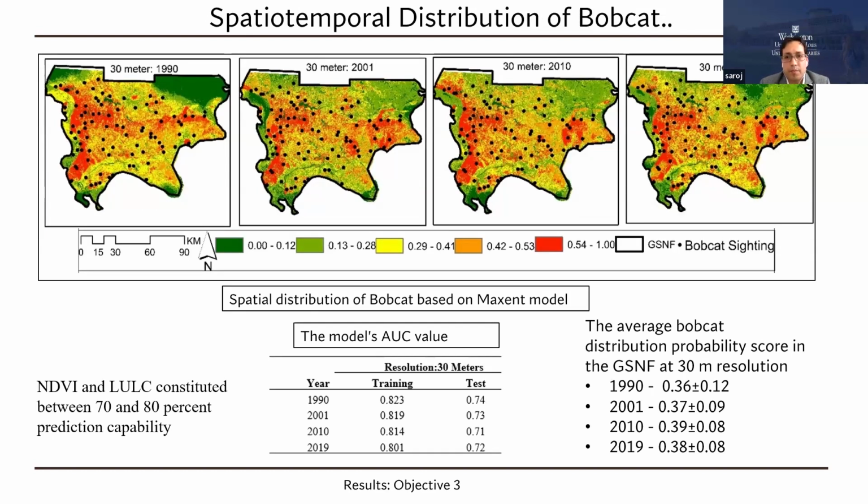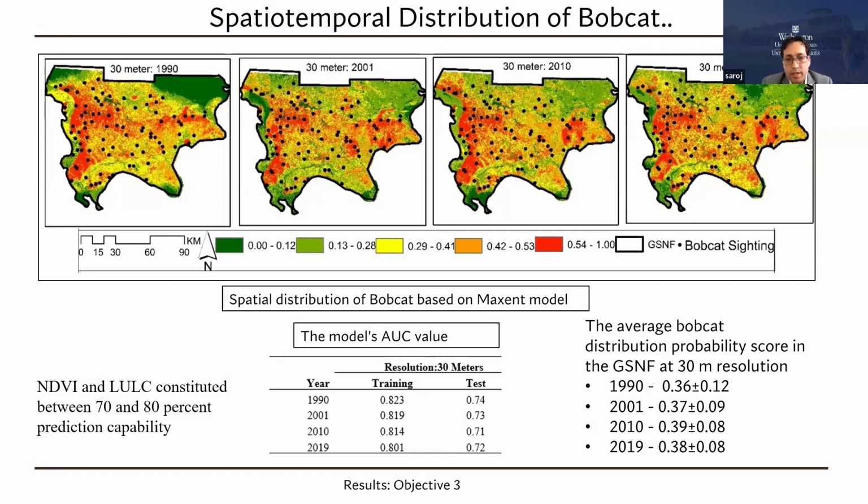Because the ANOVA model shows year significance but no significance between the resolutions, we chose the best model based on AUC value. The AUC value showed 30-meter resolution was the best to predict the bobcat distribution.